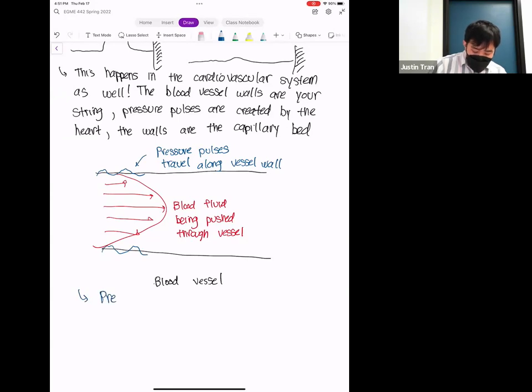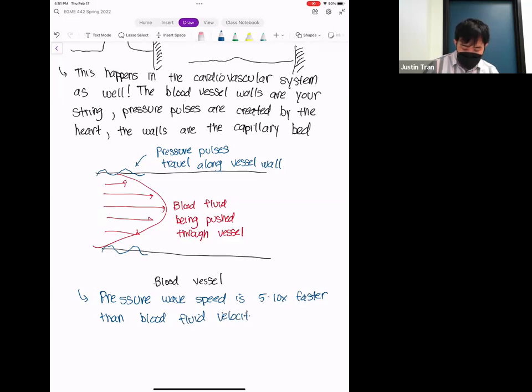It varies depending on what part of the cardiovascular system you're in, but it's generally about 5 to 10 times faster than the blood fluid velocity. So these pressure pulses are traveling way faster than the blood can keep up.